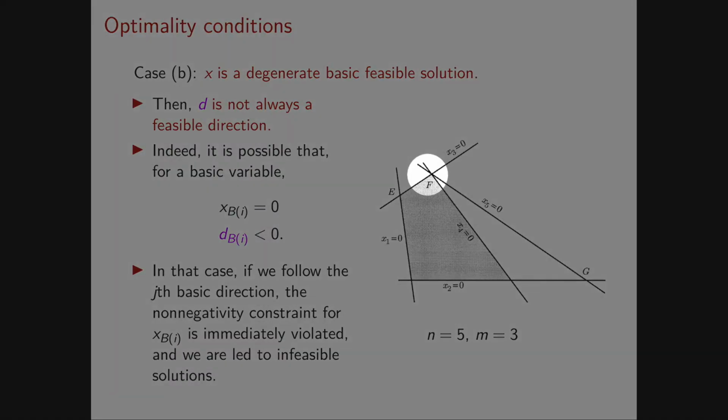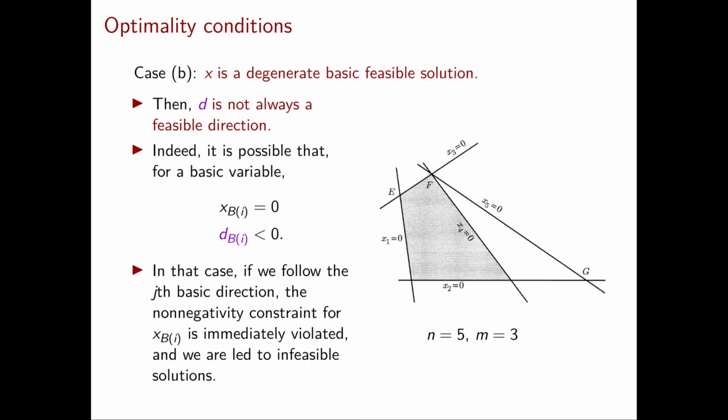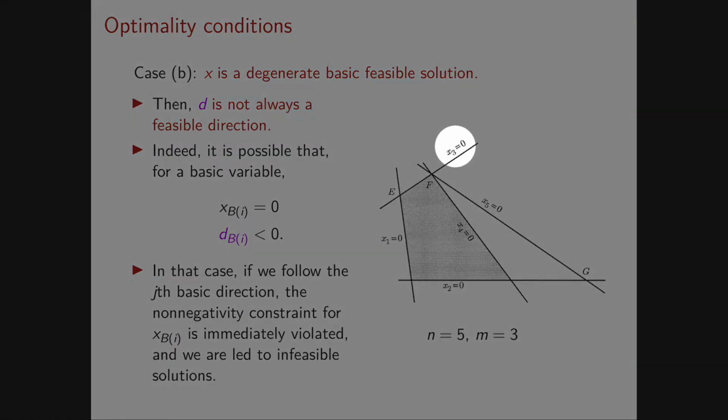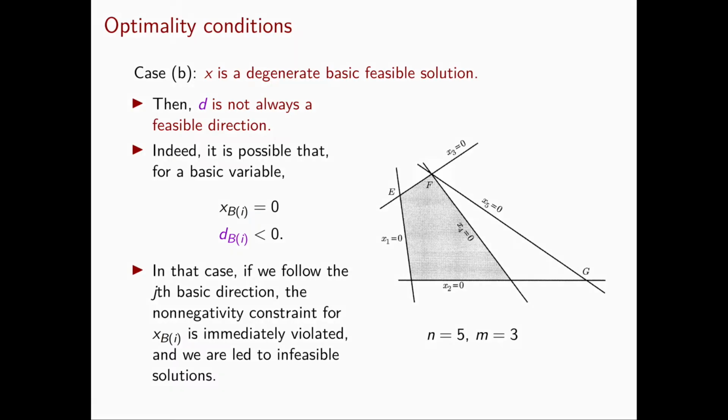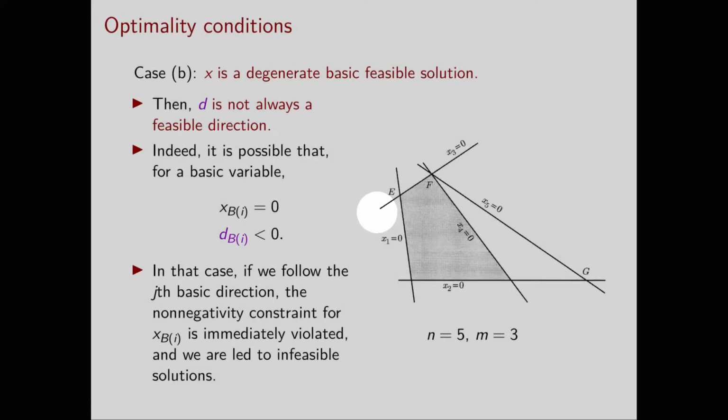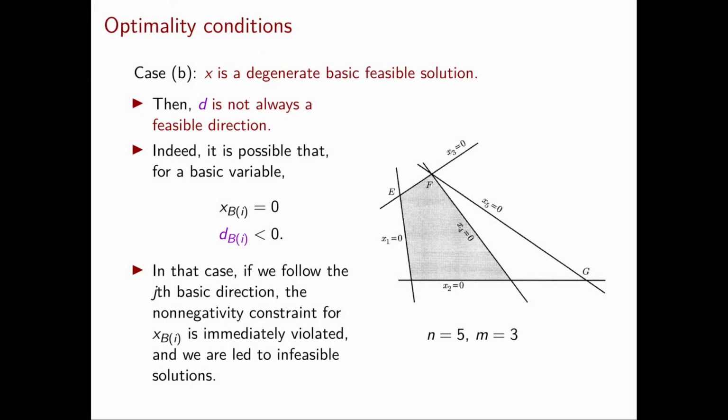Note that if instead we looked at the fifth basic direction, then we would have moved along the line x3 equal to 0, so along this line, and in the direction left, so from f in this direction to the left. And you can see that this is instead a feasible direction.